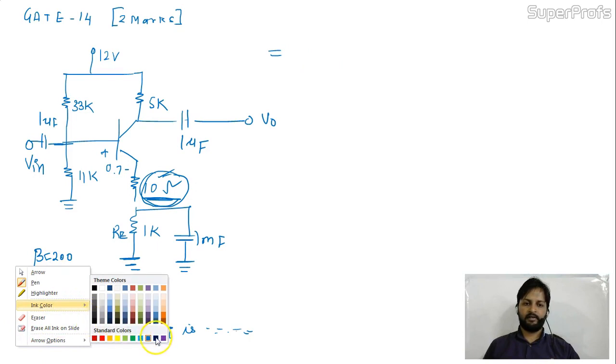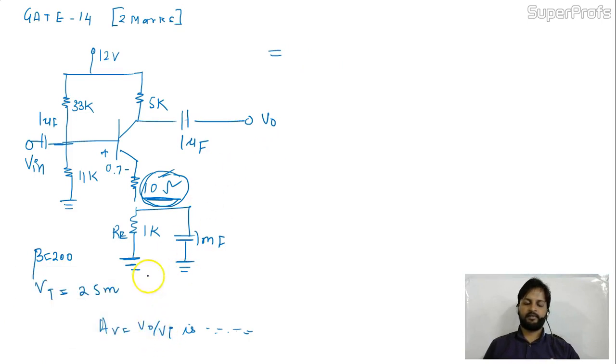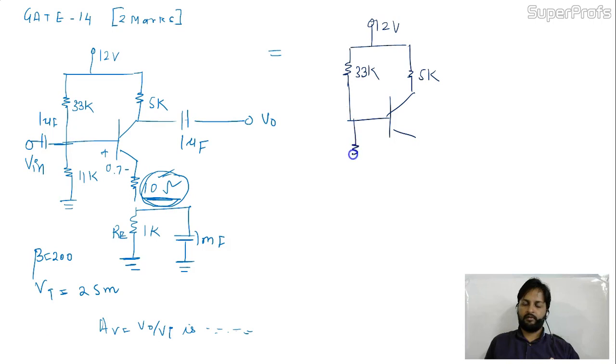Okay, let me change pen. DC analysis. I'm going to do the DC part of this. So the DC part is 12 volt as it is, 33k, 5k, 11k, like this, and here 10 ohm, and the remaining RE will be grounded.